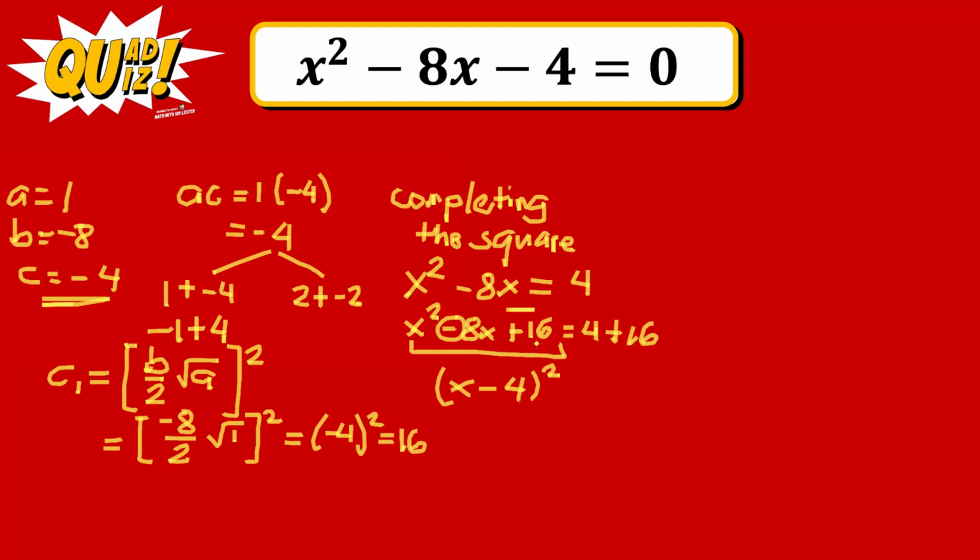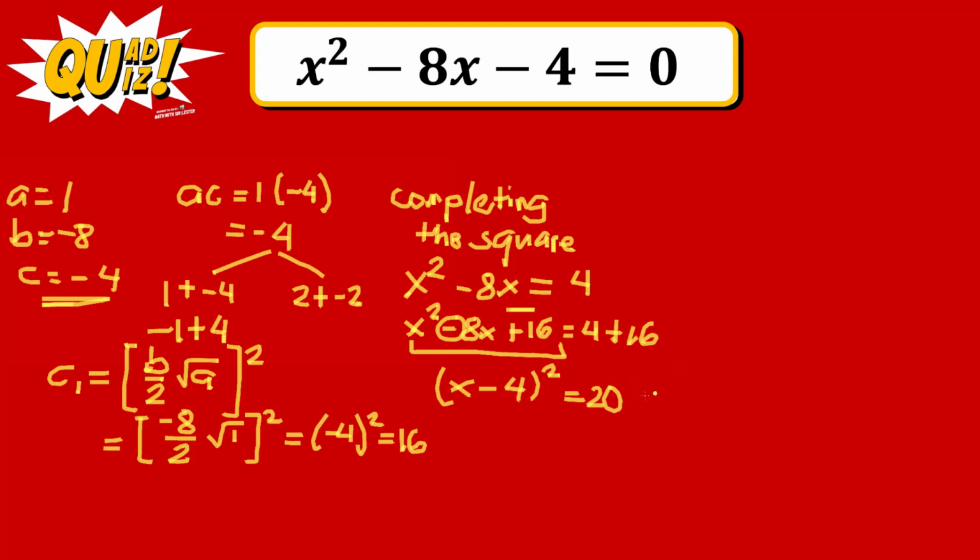Again, from a perfect square trinomial, you can have a square of a binomial with the first term as the square root of the first term of the trinomial. The second term is the square root of the last term of the trinomial, and the sign separating the two terms of the binomial is the sign of the middle term of your perfect square trinomial. The right side is equal to 20. That's 4 plus 16.